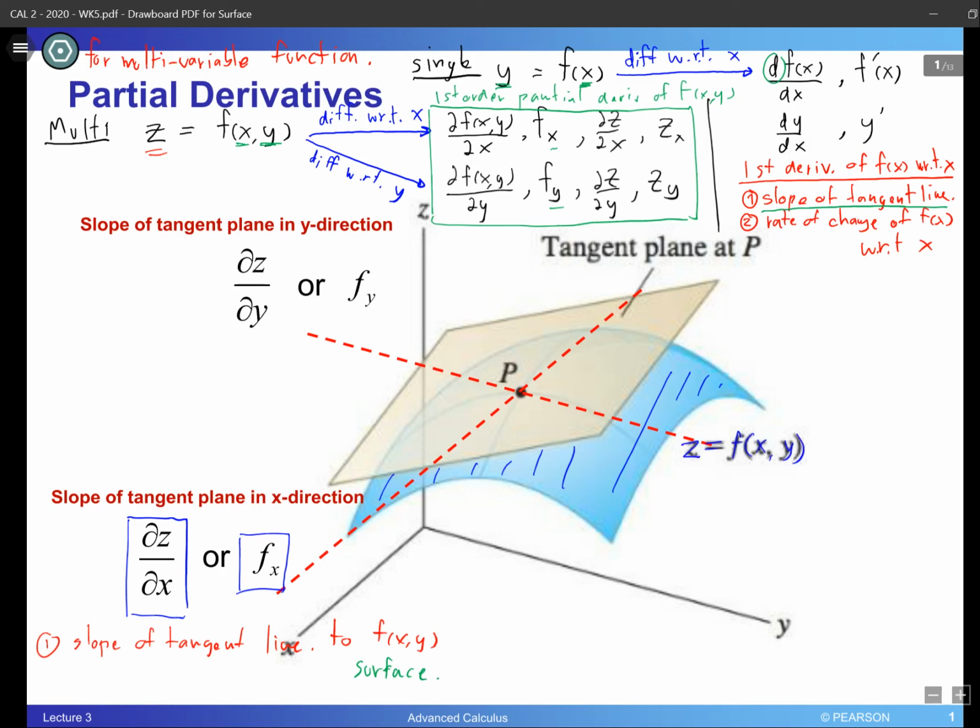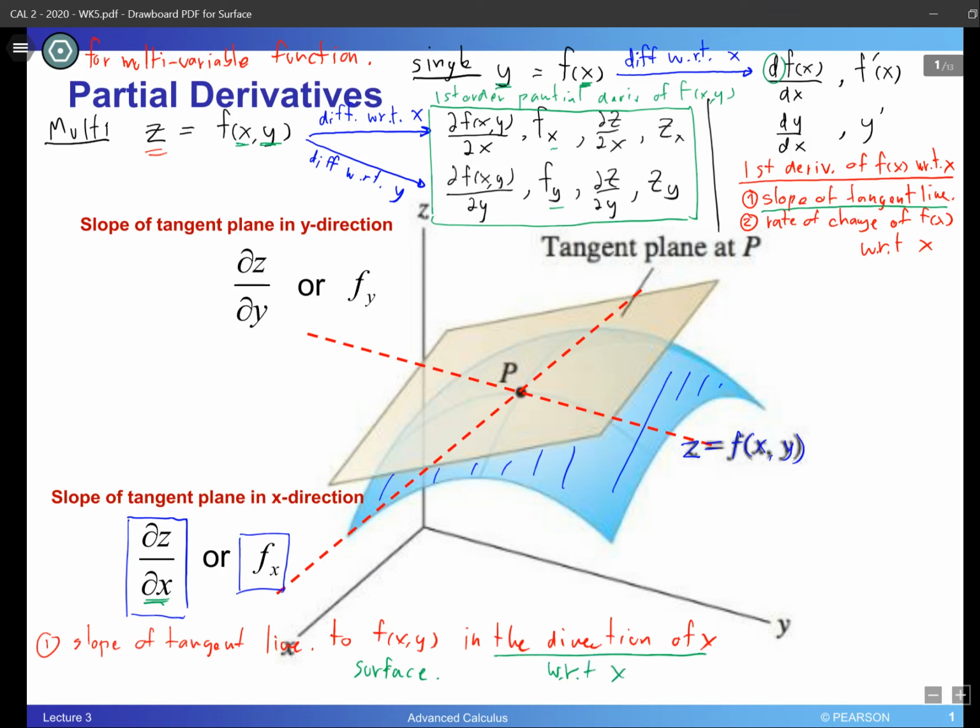Now this is not done yet. It's the slope of the tangent line of this surface f of x y in the direction of x. So this is important: in the direction of x. We are looking at the change in this direction only, with respect to x.